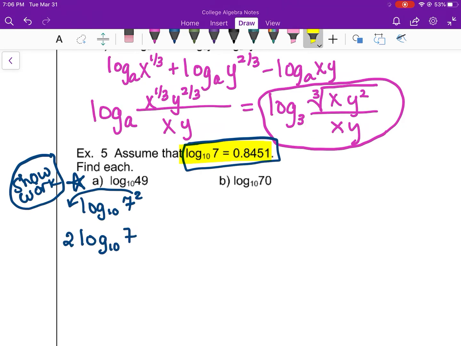And then log base 10 of 7 is that value that I highlighted up here in yellow. So then I'm going to make a substitution, and then you're just going to double 0.8451. That gives 1.6902.